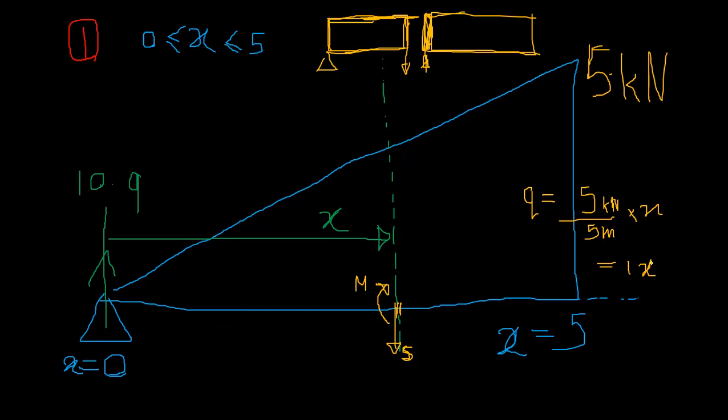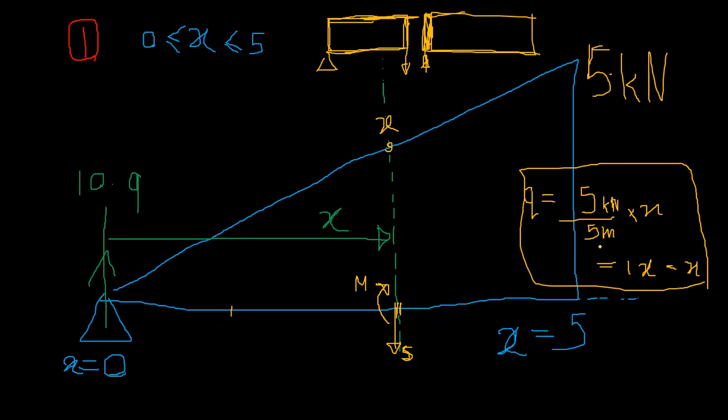So literally it's X. If you have X meter length, you have X load. So at 0.5 meters, your load is 0.5 kilonewtons, right? That's how you idealize that load simply. The load is equal to the length for this case, right?